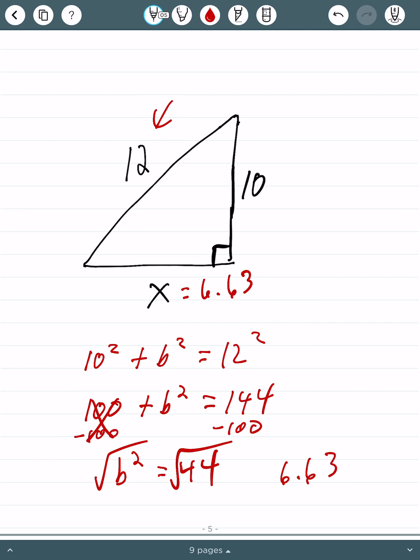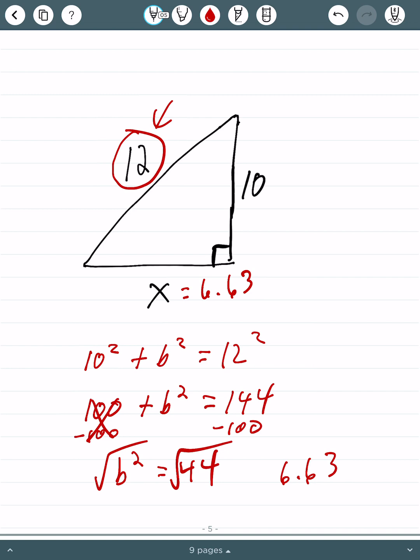All this takes is a little practice. After we do these a couple days, some of you, especially when they come out to whole numbers, will be able to do some of these in your head. But we're not going to do that yet. Just practice using the formula, A squared plus B squared equals C squared. The biggest key to this is whether they're giving the hypotenuse or not.